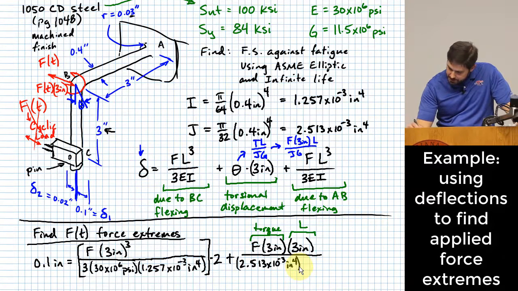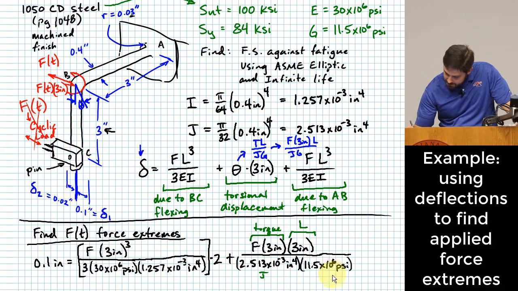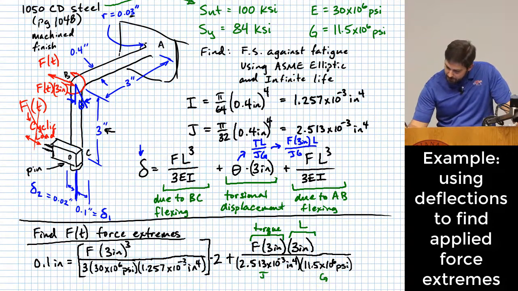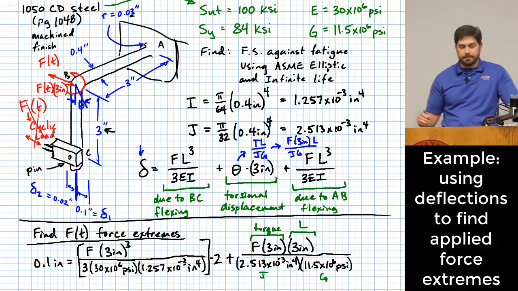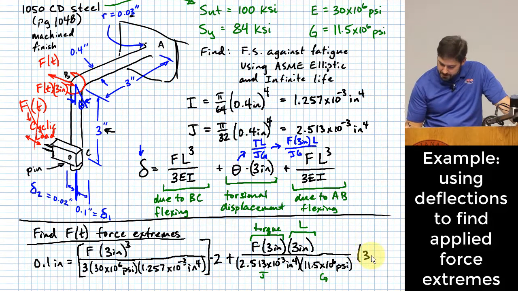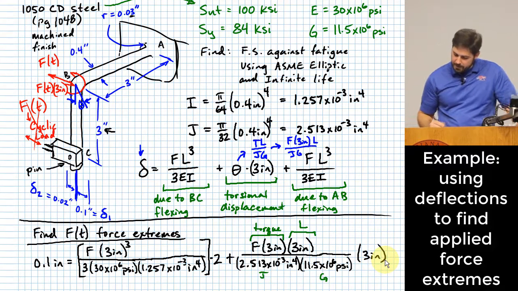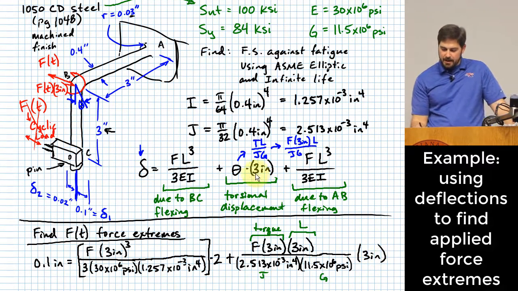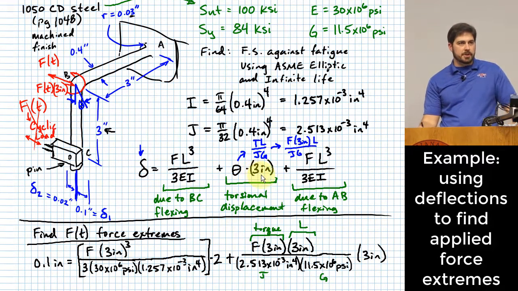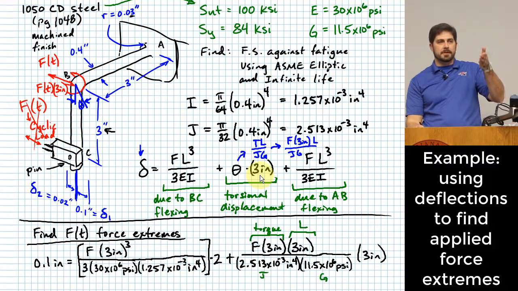And G is 11.5 times 10 to the 6th psi. Okay, so that's J, and this is G. And then what am I going to do with this as well? Multiply by 3 inches. That came from the 3 inches that we had originally due to coming up with that arc length based on the angle.